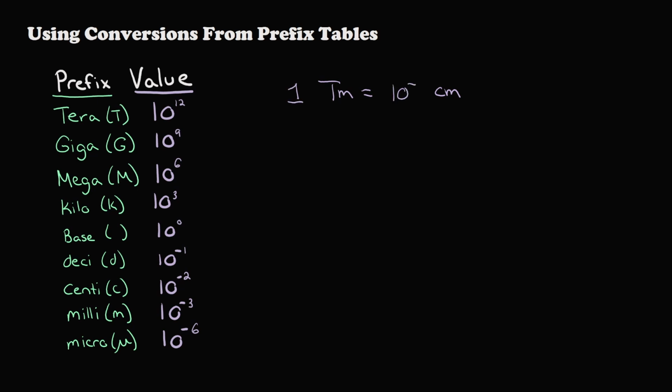Again, this number is going to be the distance between the exponents of the 10 for each individual unit. For tera, we know it's 12 due to the list, and for centi, it is minus 2. The distance between 12 and minus 2 is just going to be 14. So 1 terameter is equal to 10 to the 14th centimeters.